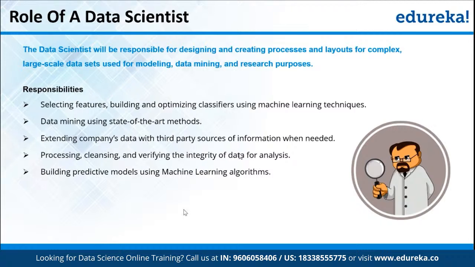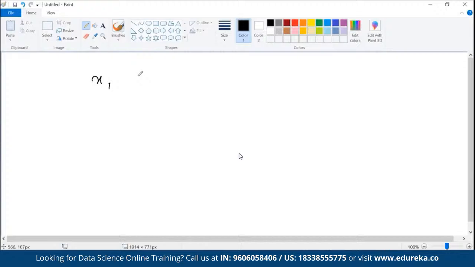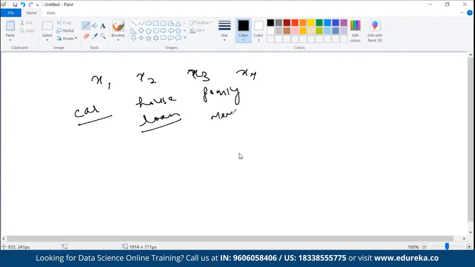Okay, so if I take an example of the financial domain or banking domain, right? Now let's say that someone is giving you this data, x1, x2, x3, x4. x1 says if a person has a car or not, if a person is already having a house loan or not, how many family members there are, what is the person's monthly income, take home salary, right?